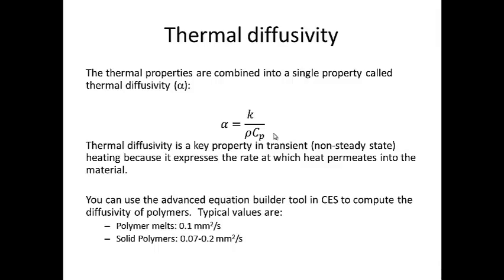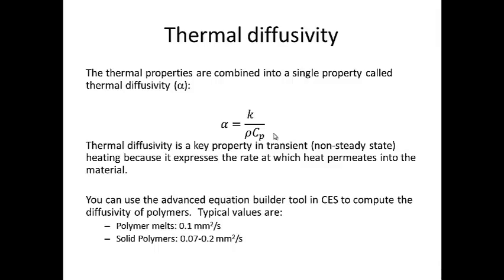We can combine these 2 properties, the Q value in non-steady state conditions and the Q value in steady state conditions, and calculate something called the thermal diffusivity. Thermal diffusivity is a key property in transient or non-steady state heating because it expresses the rate at which heat permeates into the material.